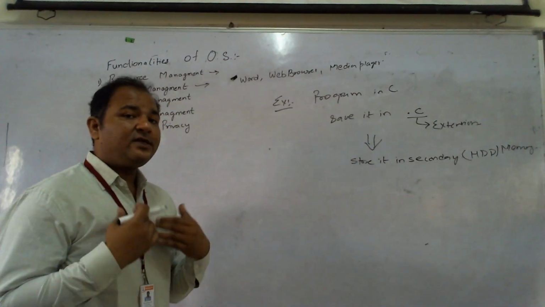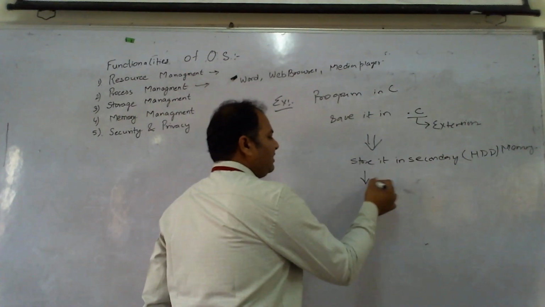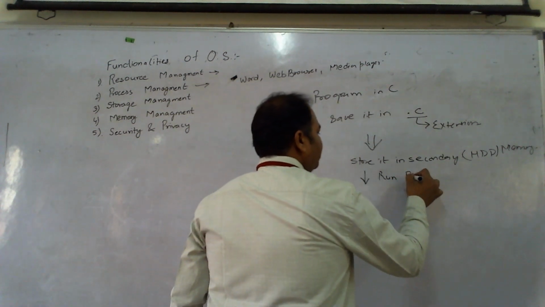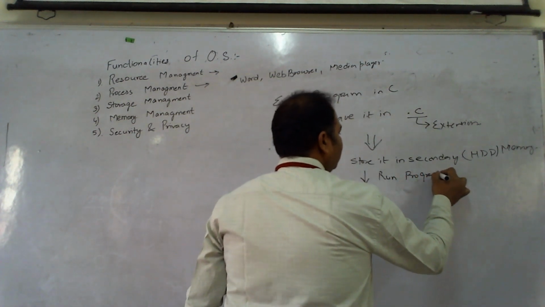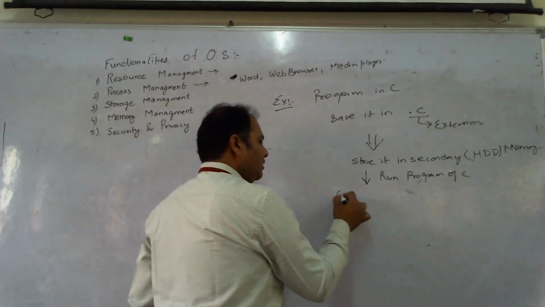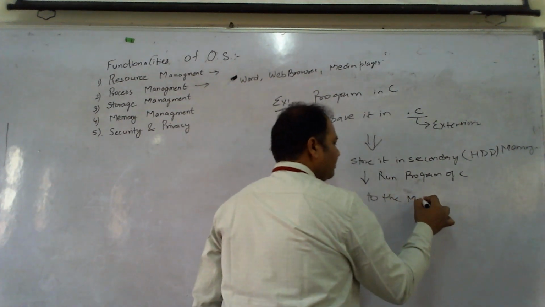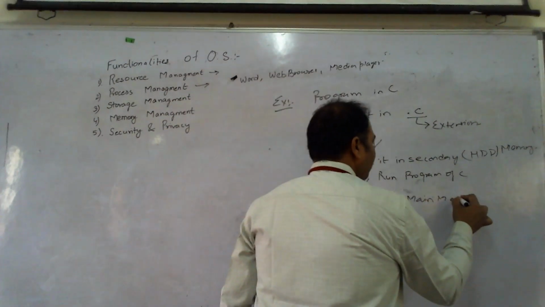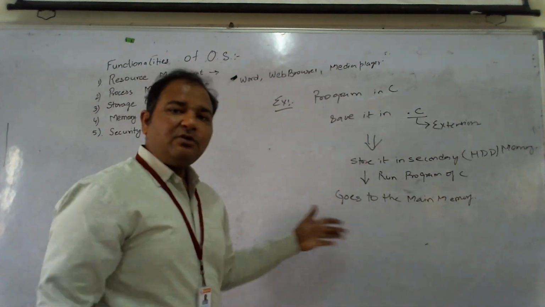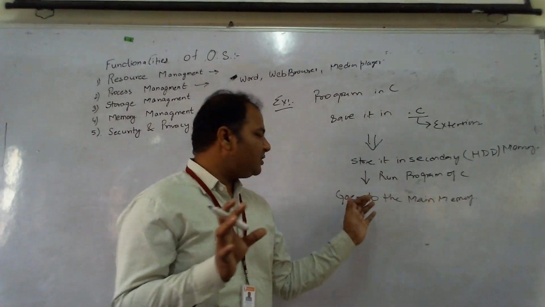Now if we want to execute that file, if we want to run that C program, then what will happen? It goes to the main memory, and now the whole process will go to the CPU.